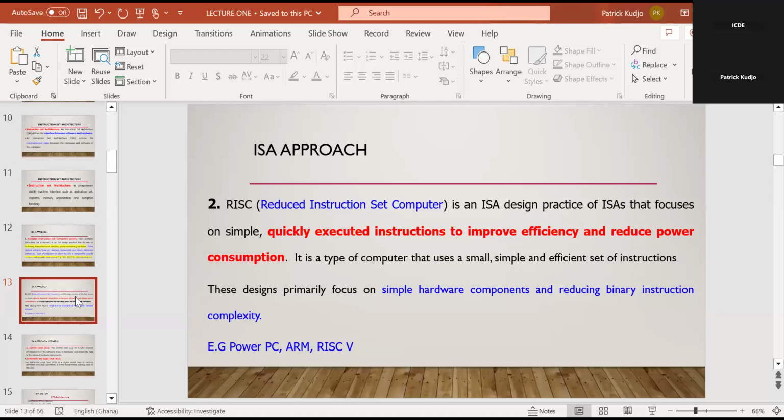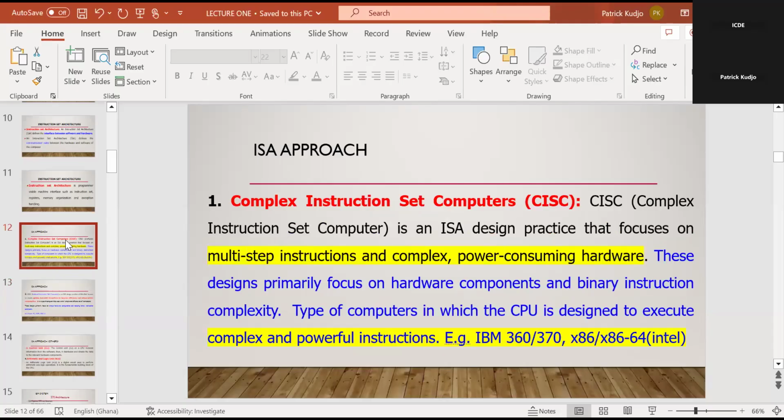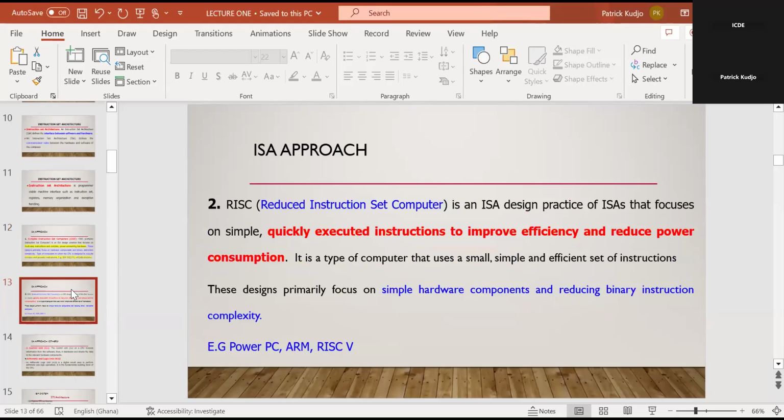So unlike the complex, which are focused on complex hardware components, this one has simple hardware components, and they reduce the binary instruction complexity. Look at this one: it said these designs focus on hardware component and binary instruction complexity. This one handles what?